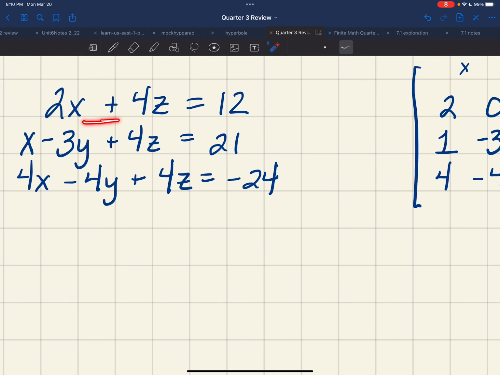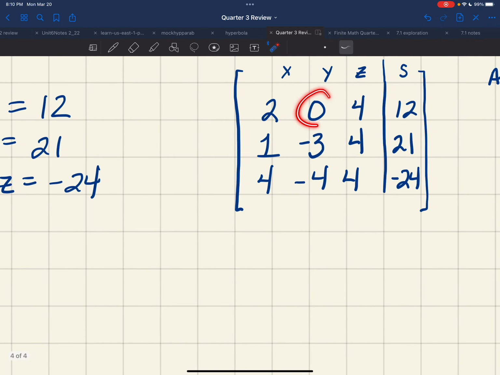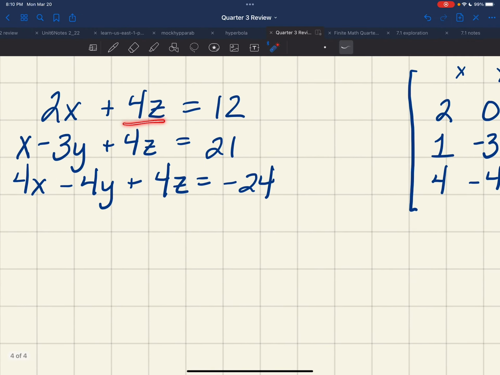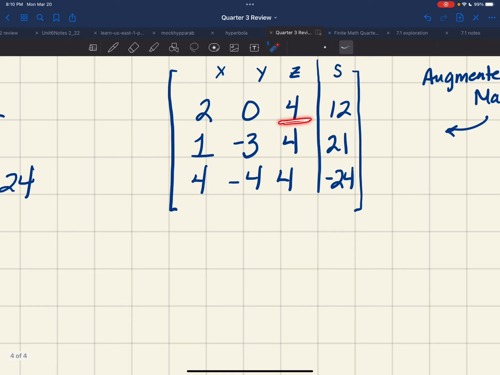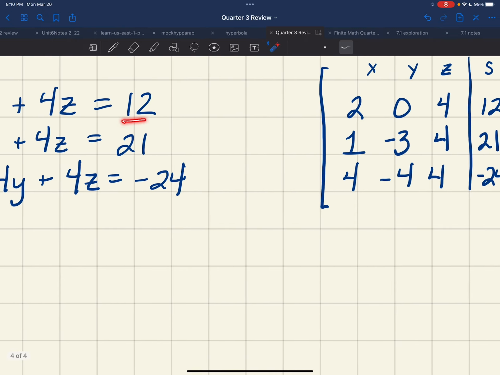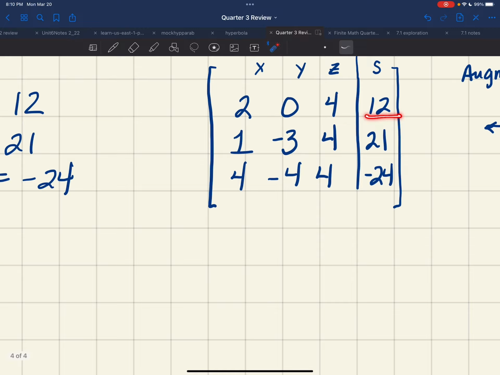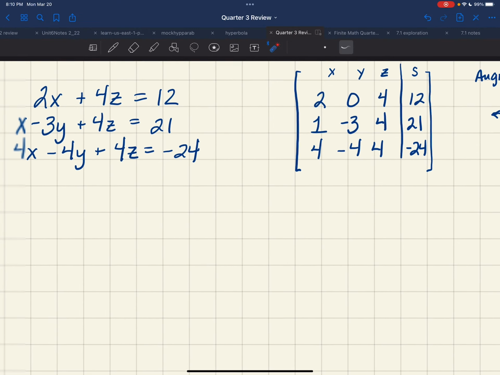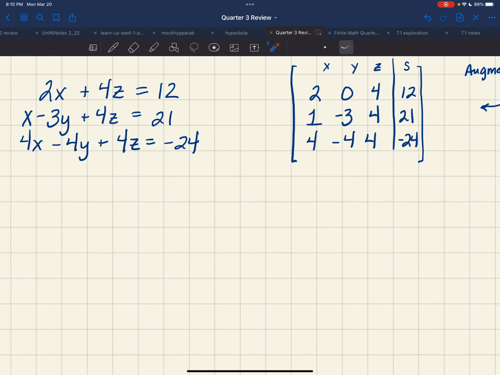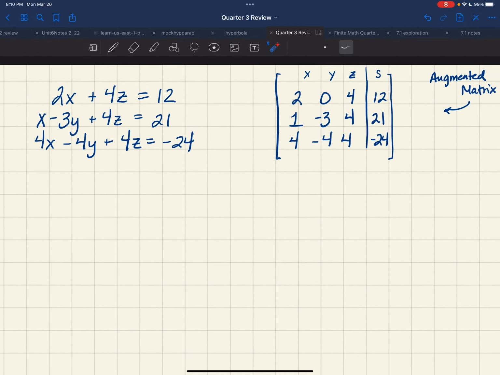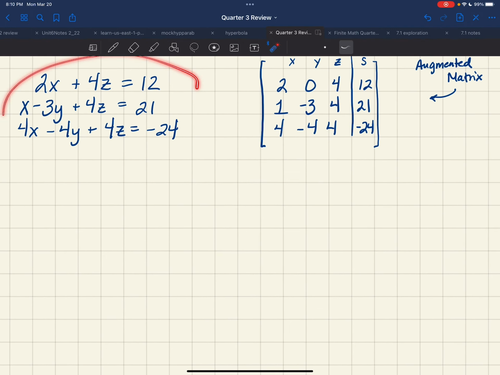I don't have a Y anywhere in here, so I'm going to have to put a 0 placeholder for Y, and then for Z, 4 is going to go there, and the whole thing equals 12. So take a look at the equations and the augmented matrix, and if you have any difficulty getting from this to this, I want you to go ahead and shoot me an email or a text through GroupMe.